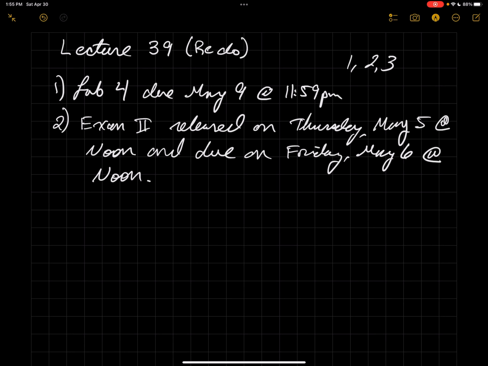And so both Lab 4 and Exam 2 are going to rely on what we cover in the chapter that we're about to start, which is Chapter 6, Spark Ignition Combustion.